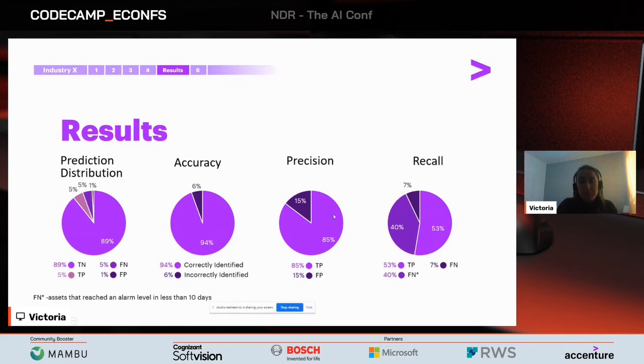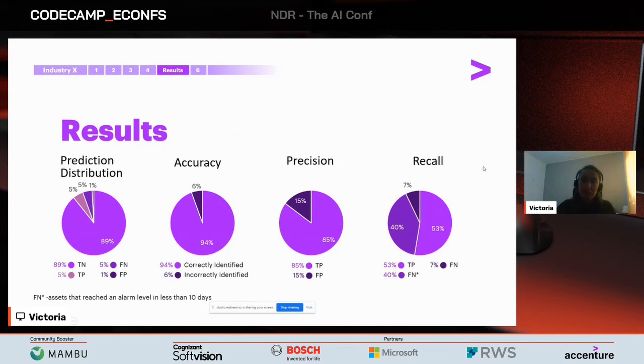Out of the assets, or the motors more specifically, that we said would go into alarm state, we managed to identify 85% correctly. 15% we said would be in alarm state, and they actually weren't in alarm state.